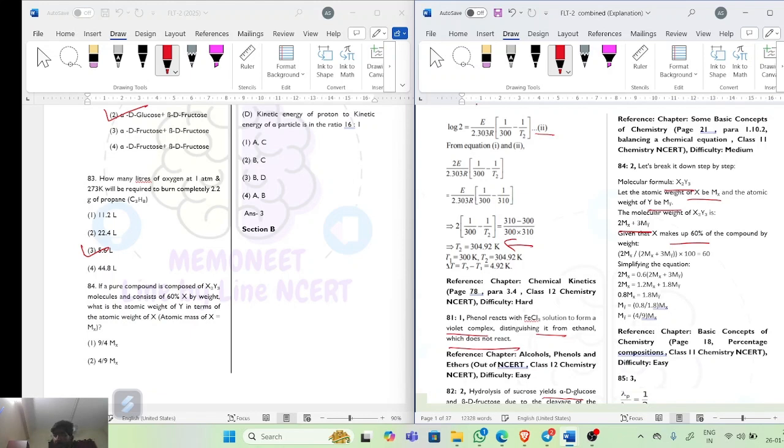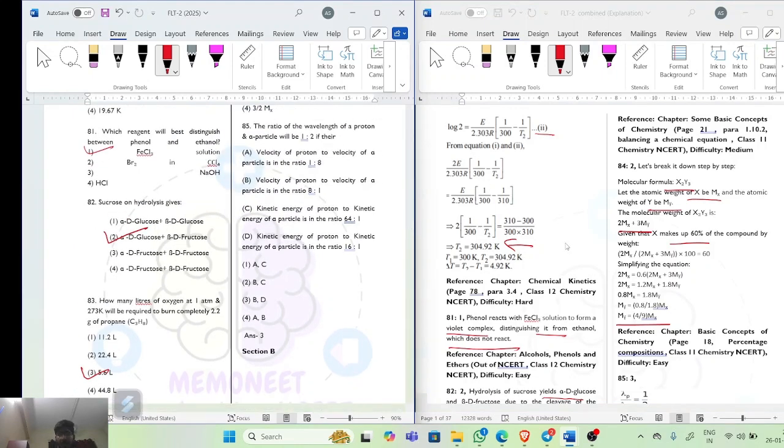So we can write 2mx divided by (2mx plus 3my), into 100, will be 60%. Now we just have to solve the equation, which is 2mx equals 0.6 times (2mx plus 3my). After solving we get my equals 0.8 divided by 1.8 mx. So the relationship between mx and my is my equals 4 by 9 mx. 4 by 9 mx means option number 2 is our correct answer.